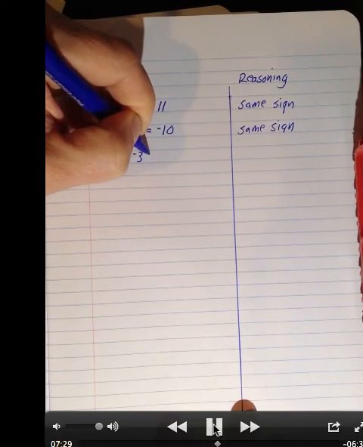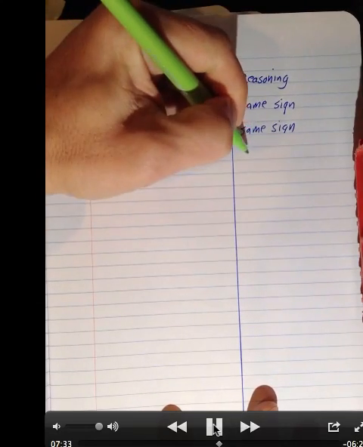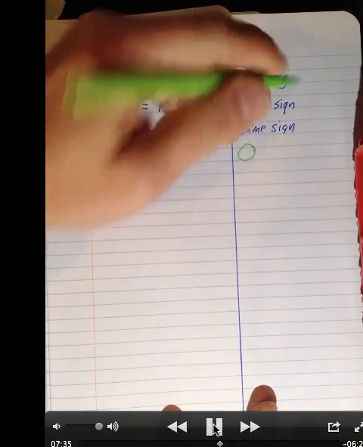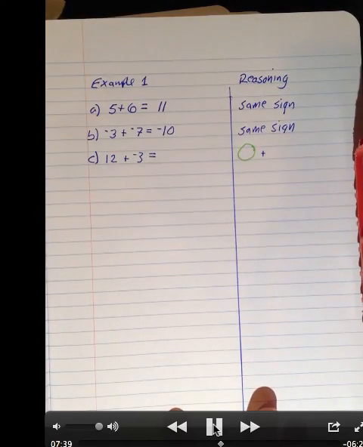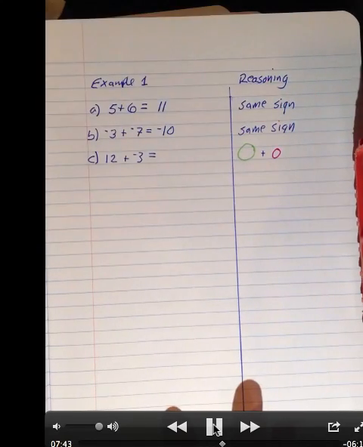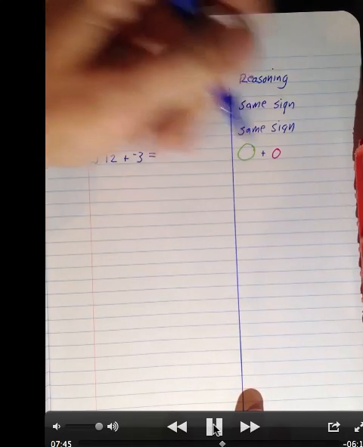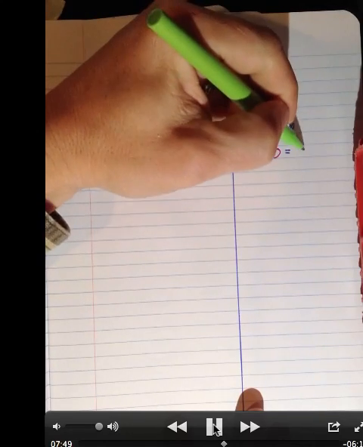12 plus negative 3 has different signs, so we find the difference. The positive number is greater than the negative number. 12 is bigger than 3. So we find the difference, and the answer is going to be positive.